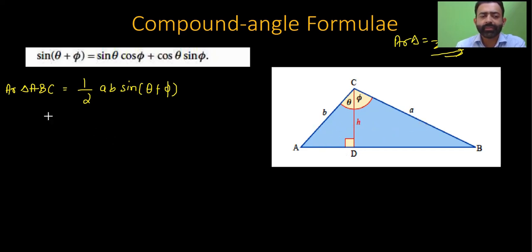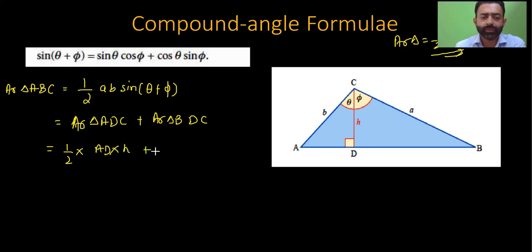That means the whole area of ABC is the summation of the area of triangle ADC plus the area of triangle BDC. So the area of ADC is half base AD into height H, plus half base BD into height H.